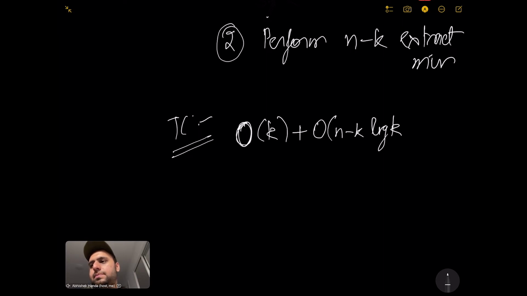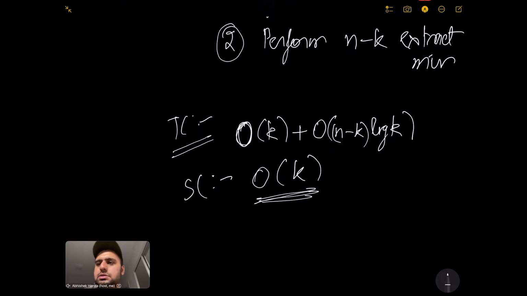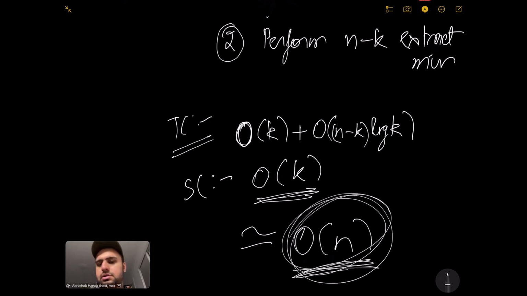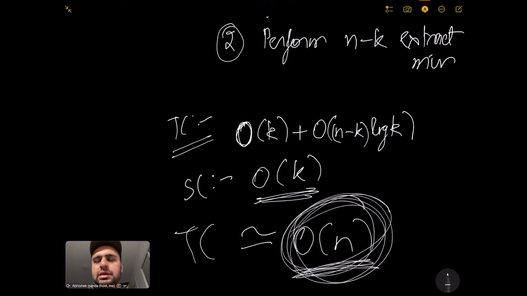And the space complexity is order of k only, since I'm using a heap of size k. So this approach is roughly order of n only, which is actually what is asked in the problem statement. No problem, let's quickly code this problem.